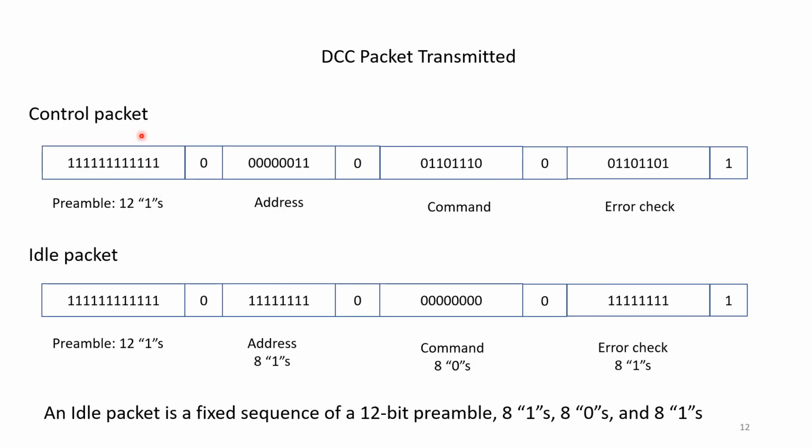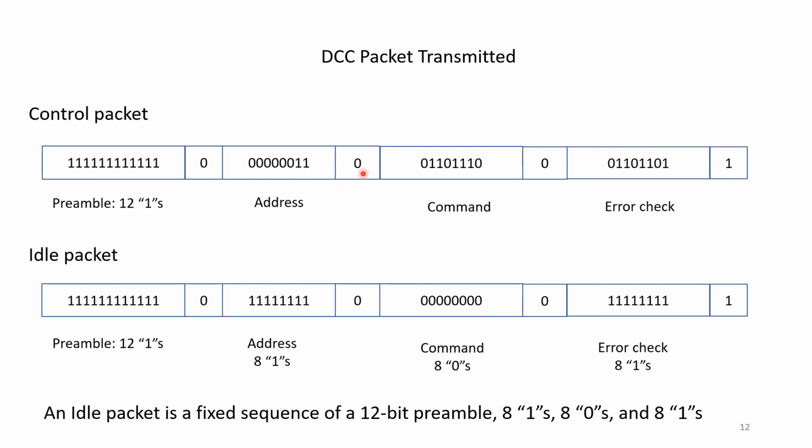I mentioned before in earlier videos the control packet is a set of 12 ones followed by a 0 bit to signify the end of the preamble. Then I send out the address byte. In my situation, I'm using 3, which is the default value for all decoders, which is digital 1 1.